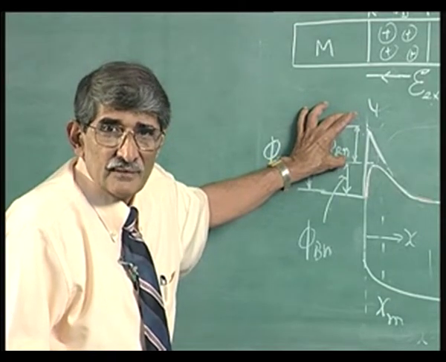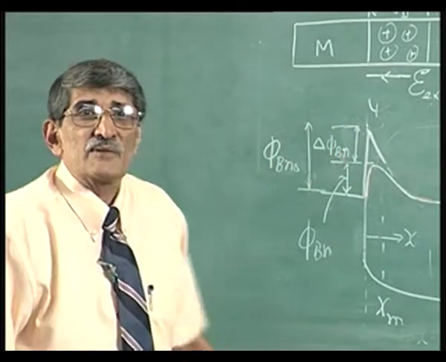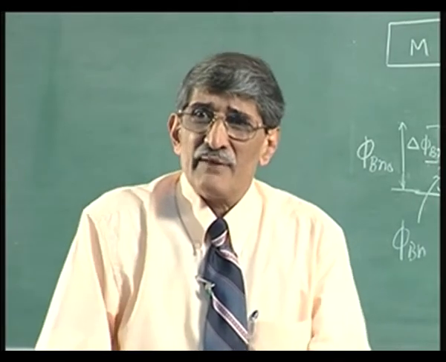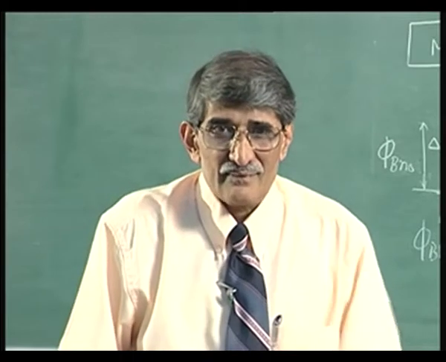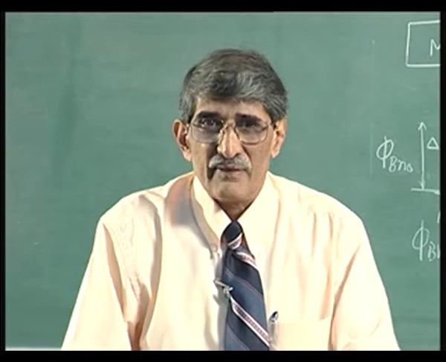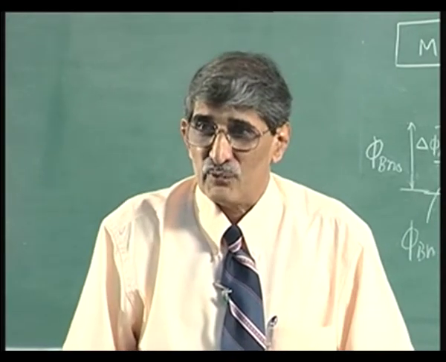But the currents are proportional to e to the power of minus phi b n by v t. If it is a 25 millivolt reduction, it is e to the power of 1, which is 2.7. So, the current is different by a factor of 2.7 for 25 millivolts.